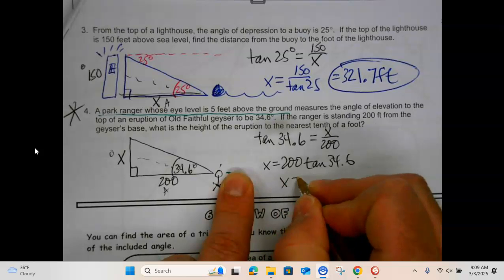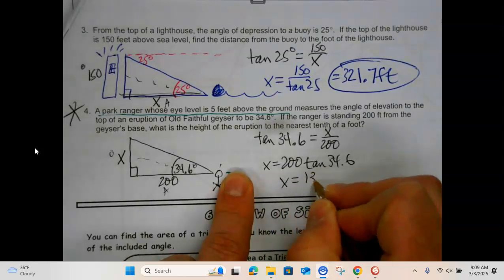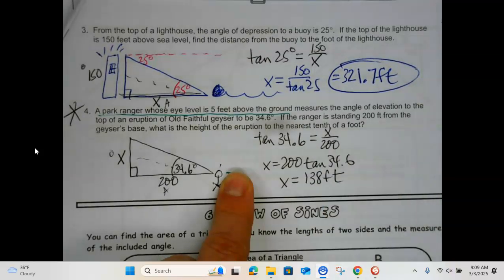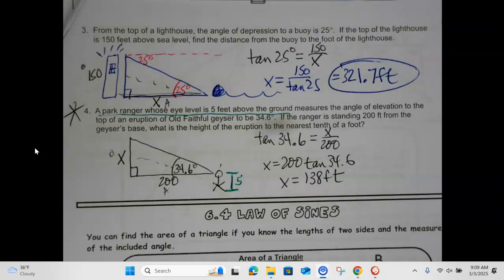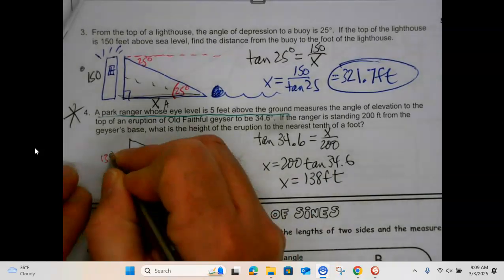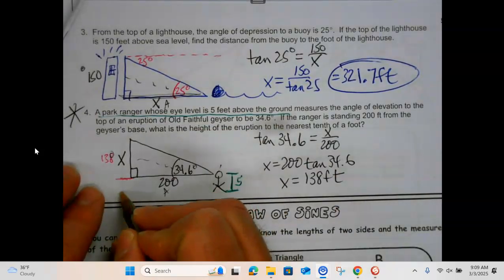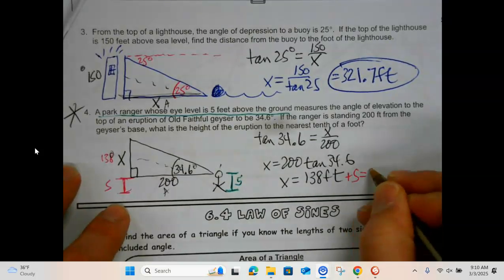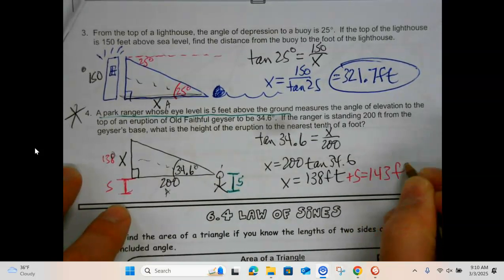So we're looking at like 138 feet. But that's not taking into consideration the park ranger. So this 138 gets me to here, but we've still got the extra 5 feet that we need to take into consideration.